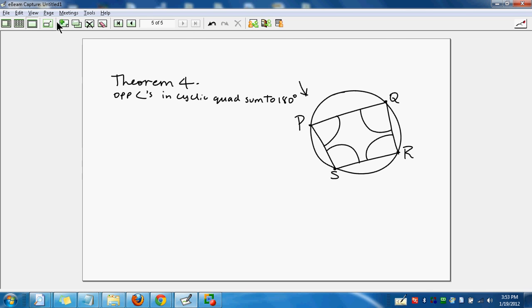That is, without measuring, find the value of the unknown angles in the circle, giving reasons for your answers.